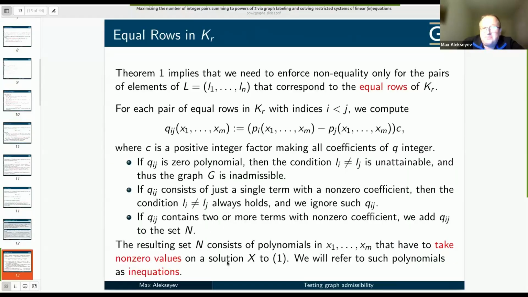Okay, so if we have two distinct rows in our right kernel, then we can immediately have distinct elements in the solution.